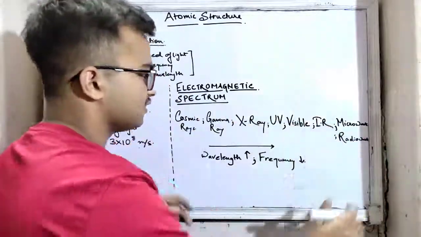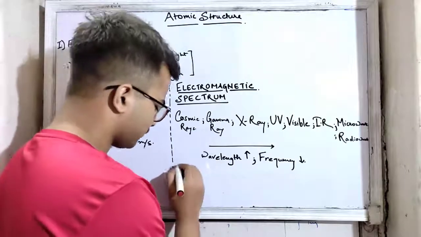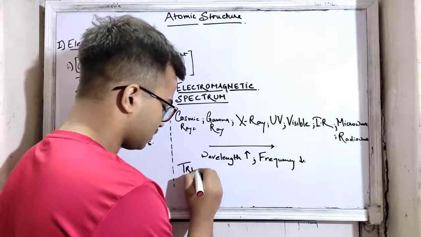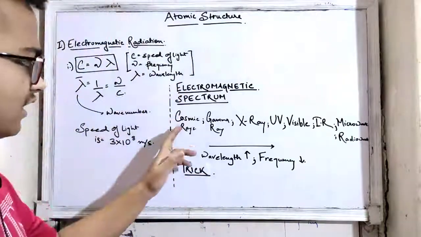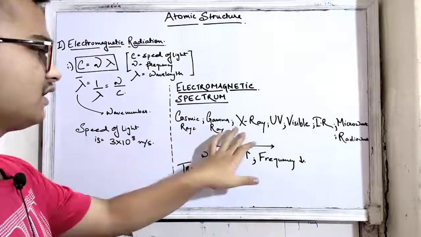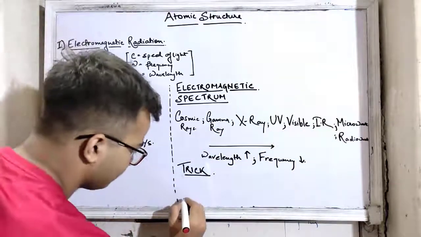Now this series is very difficult to remember. I give you a trick which you can follow. I am writing a mnemonic over here. You can say: classical Gari XUV in my range.